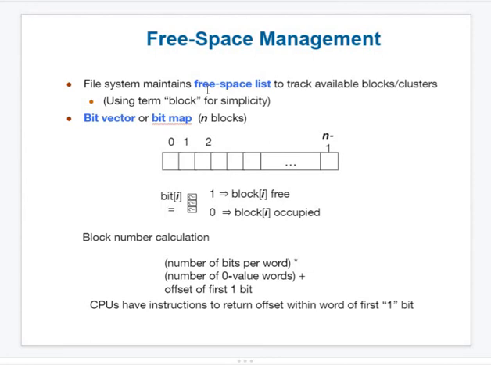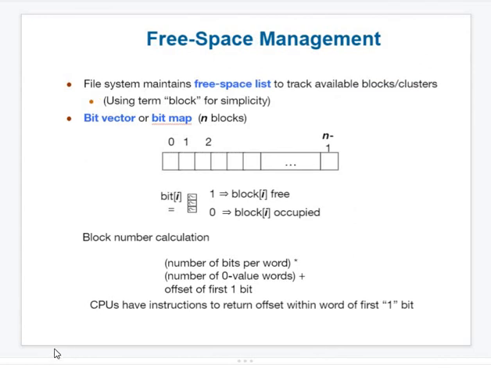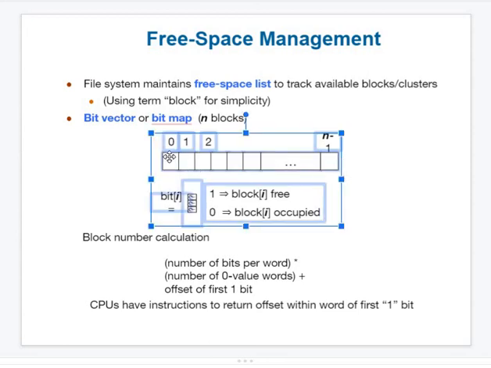Okay, now there exists one method called the bit vector method. If we have continuous memory blocks like this, each block is identified by a unique number, 0 to n, and for each block we write 1 or 0.